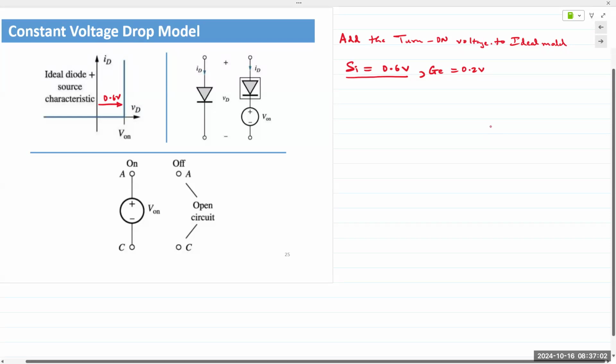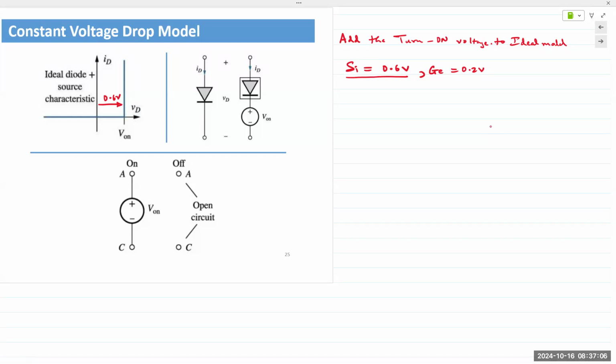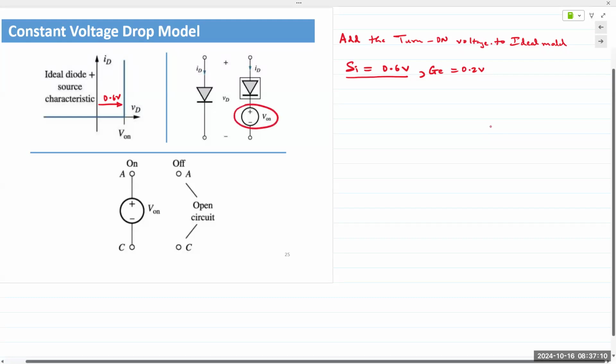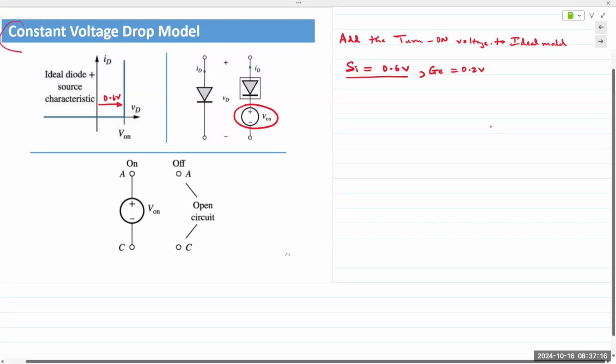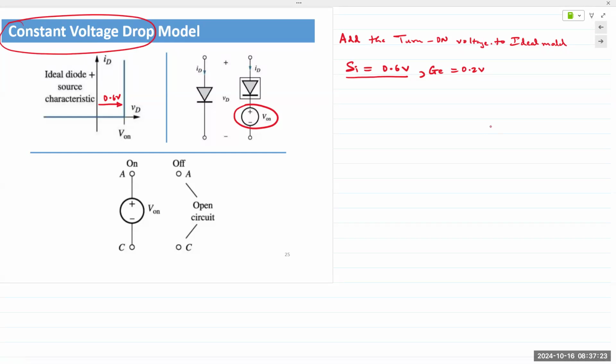We are adding in basically a voltage source that needs to be incorporated into that model, which is added on right here. That provides a voltage drop of 0.6 volts, hence the name constant voltage drop model. It's not non-linear. We're simply stating it's 0.6 volts.